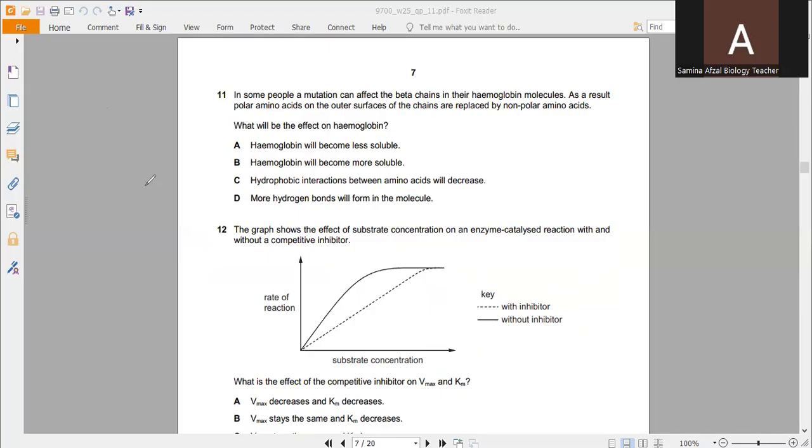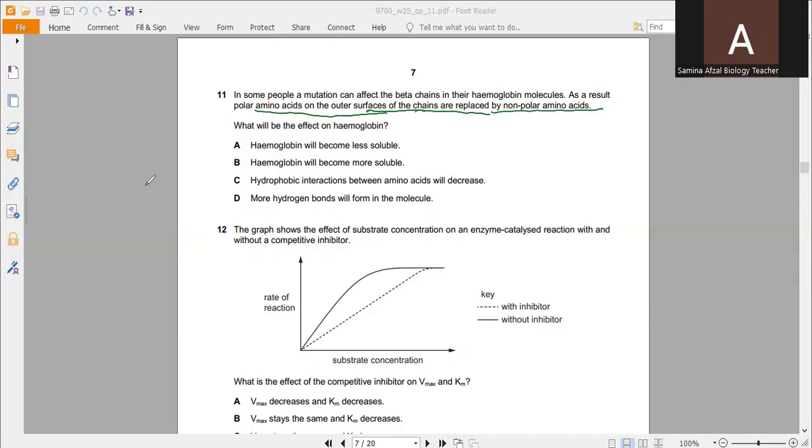What will be the effect on hemoglobin? First of all, the beta chains in their hemoglobin, polar amino acids on the outer surface of the chain replaced by non-polar amino acids.